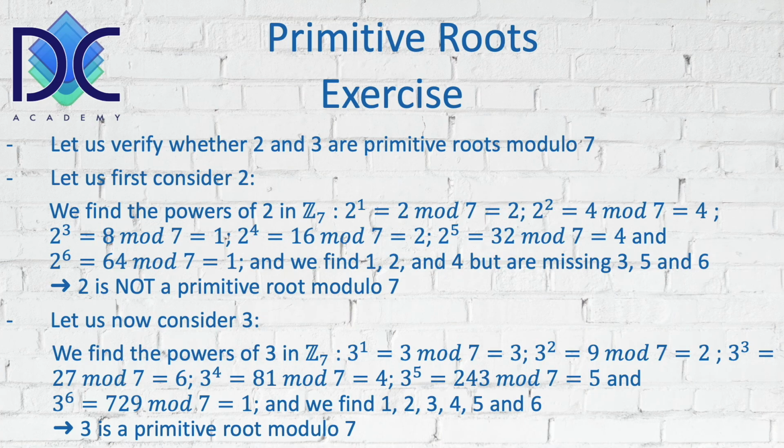Then we can say that 3 is a primitive root modulo 7. 2 is not; 3 is a primitive root. That's the way to find the primitive roots related to a specific modulo, in this case modulo 7.